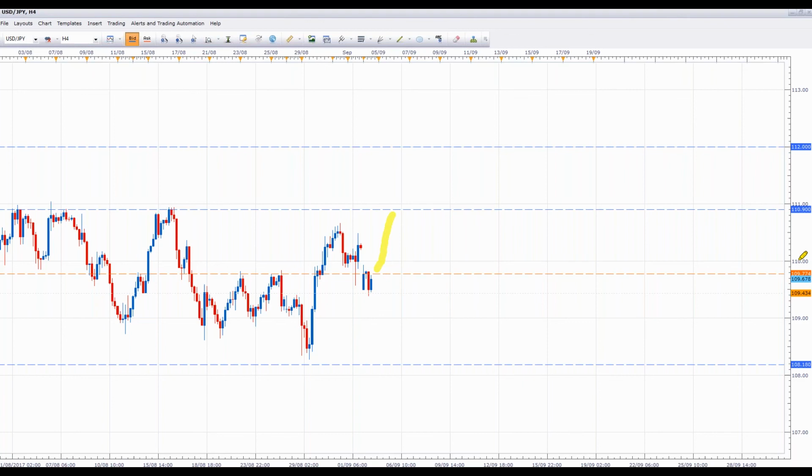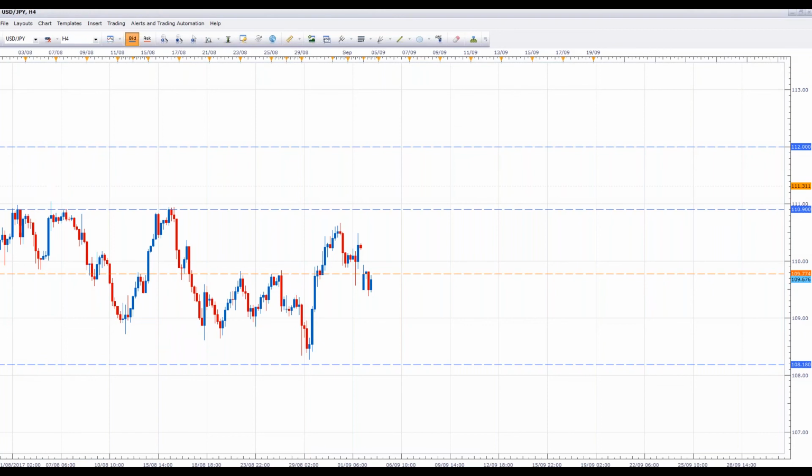But if we get above the 109.770 key area of resistance over here, then we are on for the targets of 110.900 roughly, and then also the 112 psychological level up here, a continuation of this bull flag pattern. So let's go and have a look at a couple more, and then I'll take some questions.